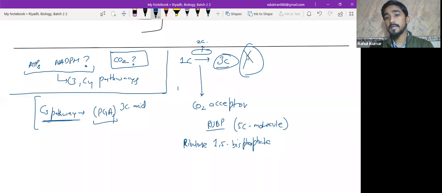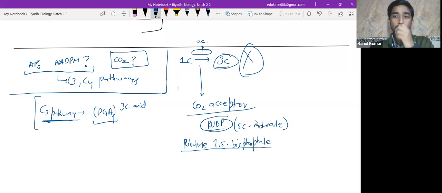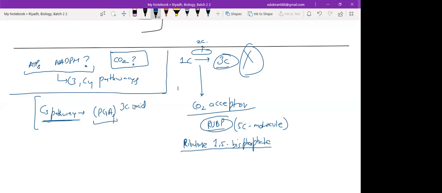But that was proven wrong. Instead, the CO2 acceptor was RuBP, ribulose 1,5-bisphosphate, a 5-carbon molecule. From here things got complicated, and then Calvin started the experiments to understand this whole pathway, and the cycle hence was called the Calvin cycle. Is it clear, everyone? Yes, sir.